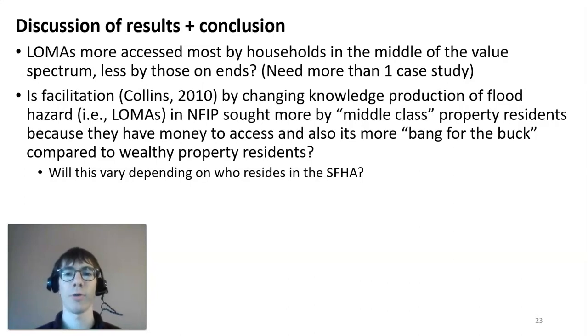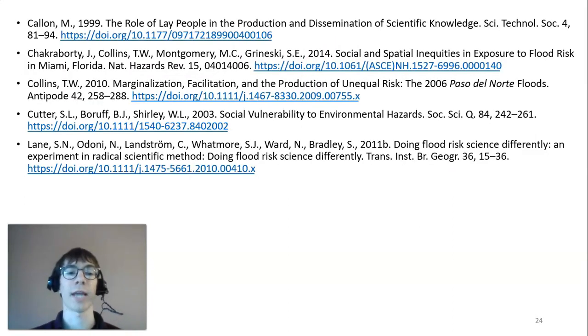Is it more that these middle areas are getting more bang for their buck, or will that vary geographically as I move around the state of Florida and see who's residing in the special flood hazard area?